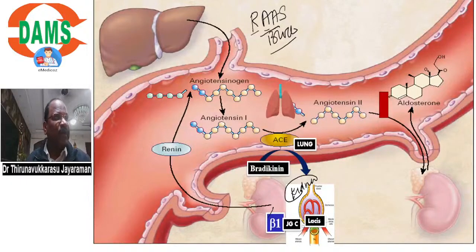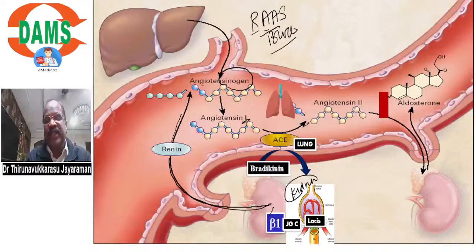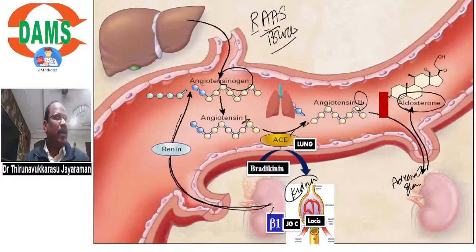The function of beta 1 in the kidney is causing renin release. The renin action is conversion of angiotensinogen into angiotensin 1. And then angiotensin 1 will be converted into angiotensin 2 by angiotensin converting enzyme. Angiotensin 2 acts on the adrenal gland and causes release of aldosterone. It's the RAAS pathway.